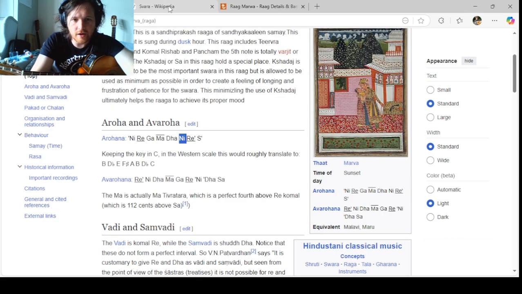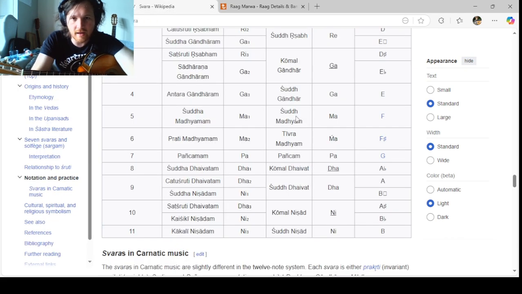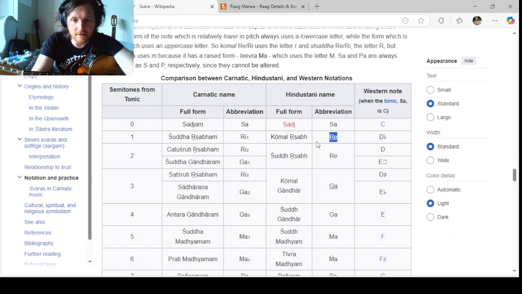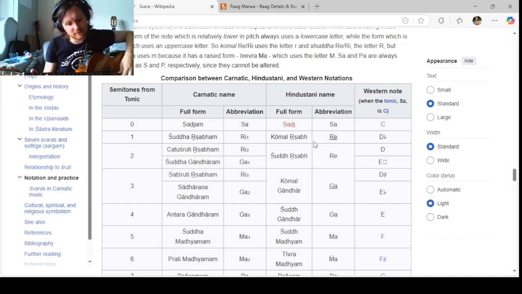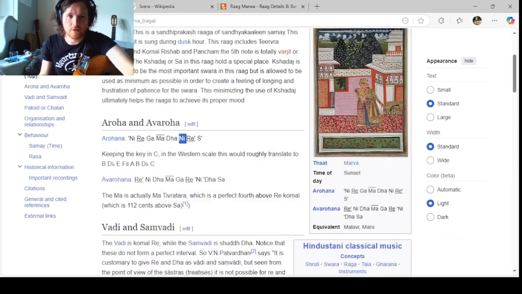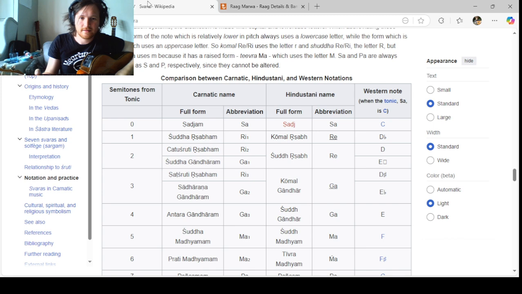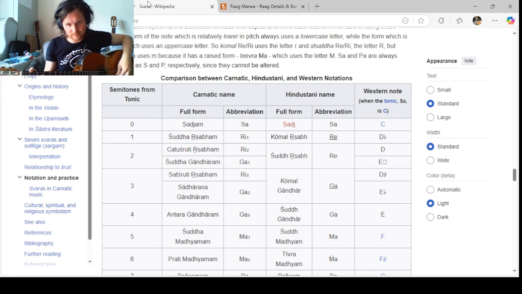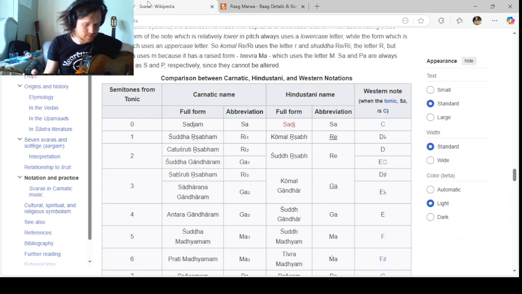And then after the ni is a re with a line under. That's our D flat again. So we've actually done over an octave now. And then the last one, unexpectedly, is our sa, C. Wow.